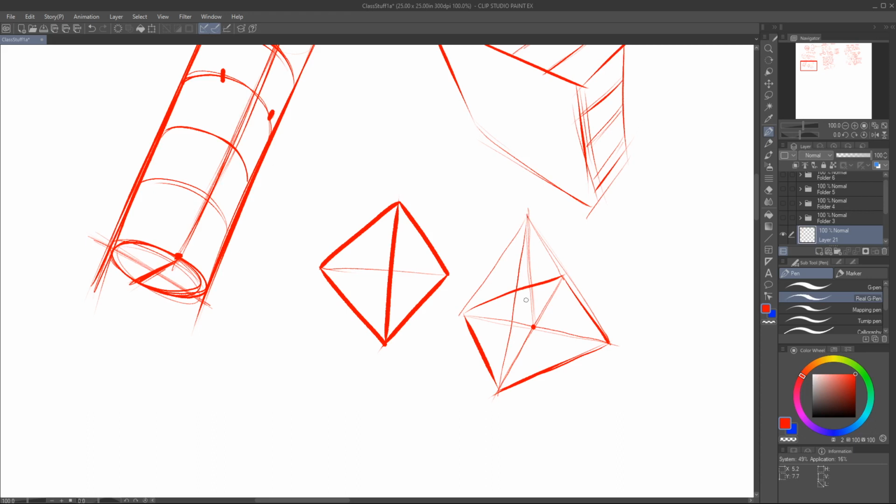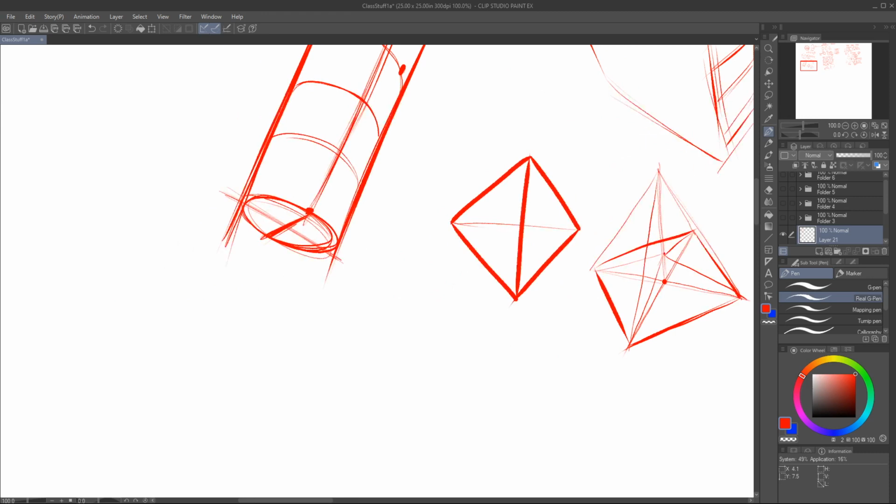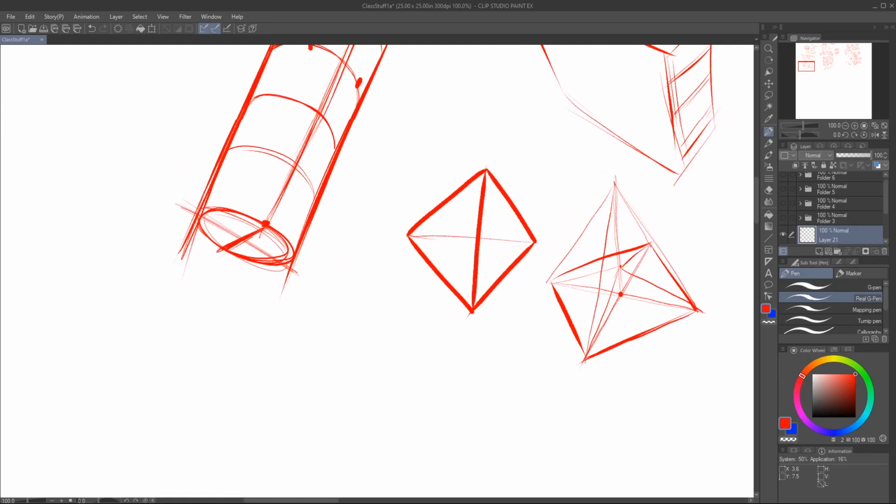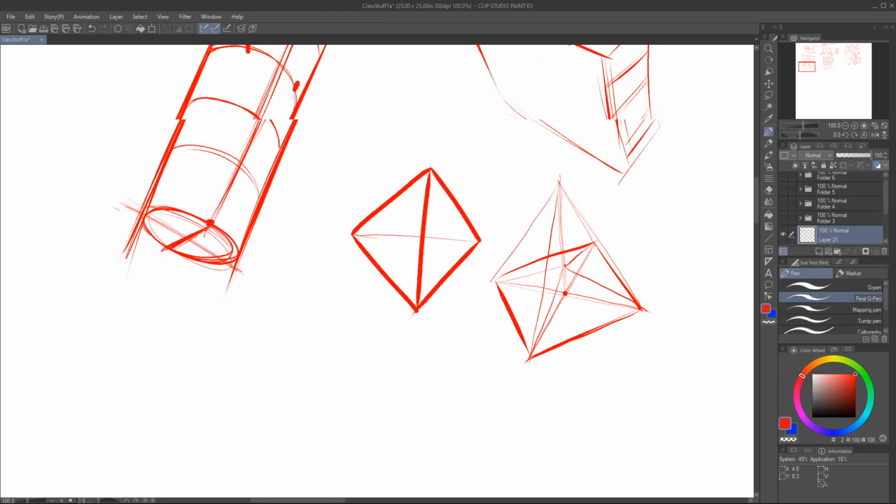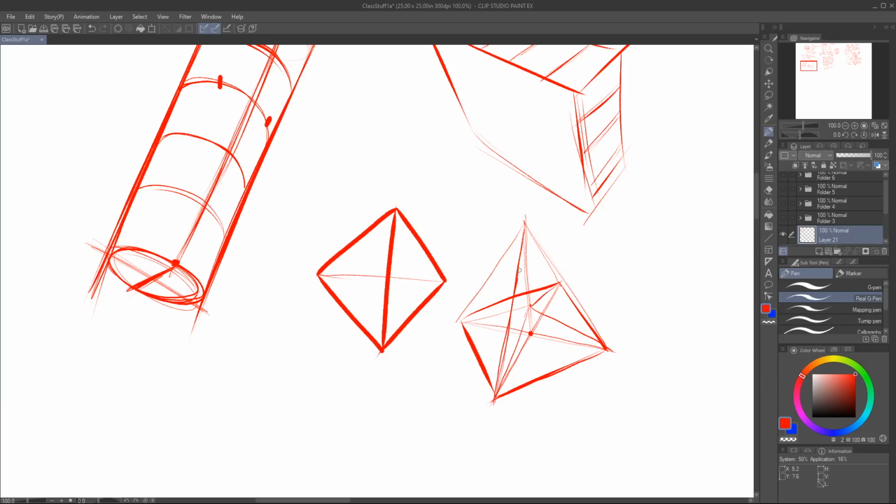Then I could make this at any size, like I could make it here, and then I have a really short pyramid. Yeah, this is just another building block that you can use.